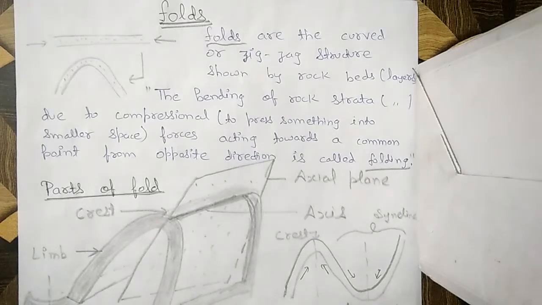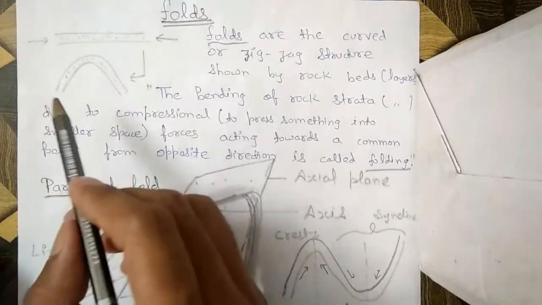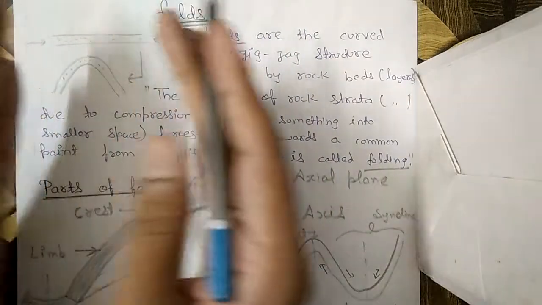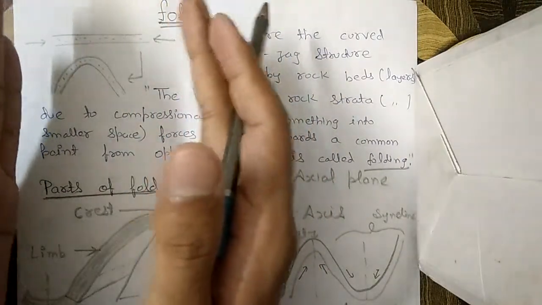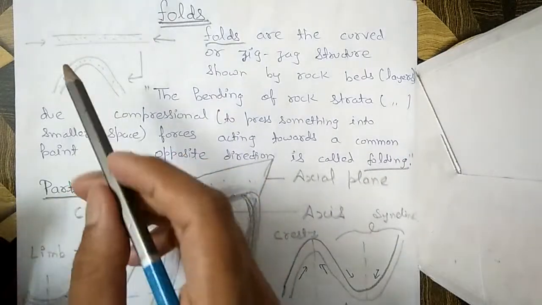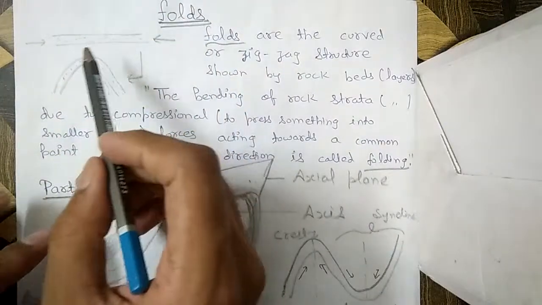Let us understand this. This means the bending of rock layers due to compressional forces. When I applied force on this rock layer from both sides, that force was acting towards the same point, towards this point.